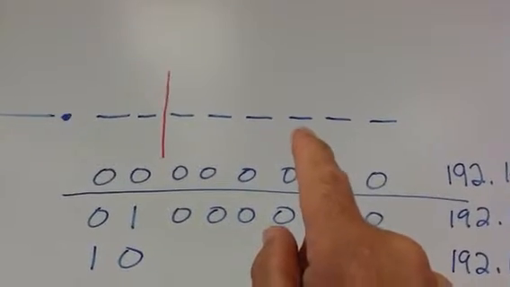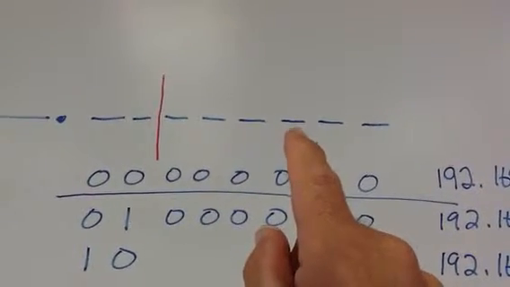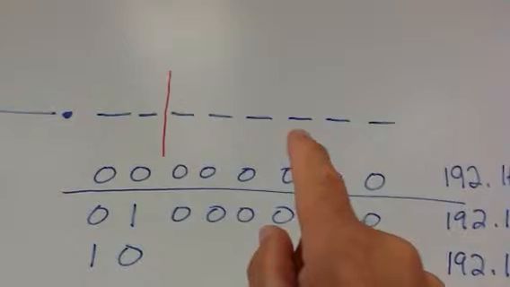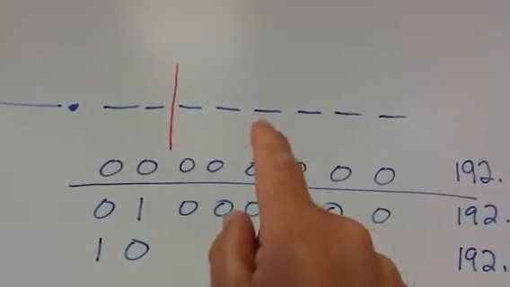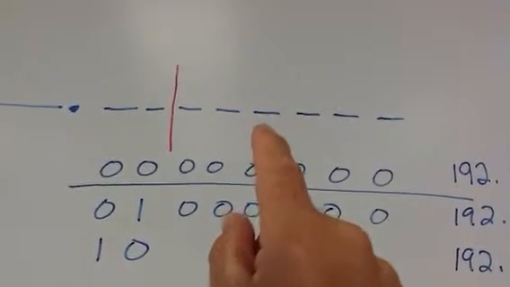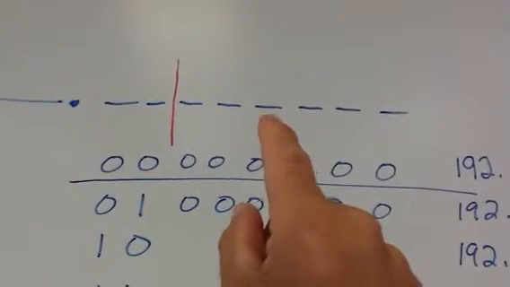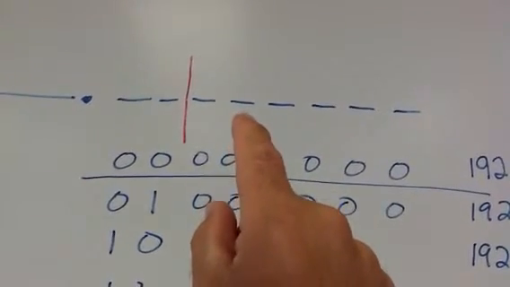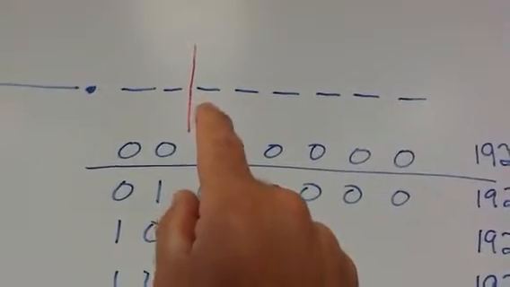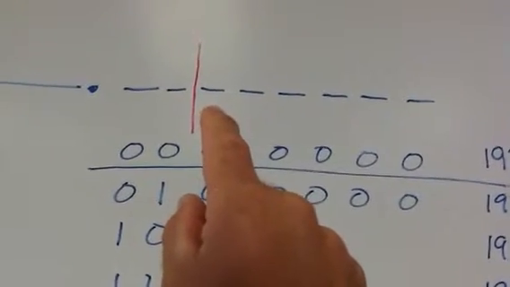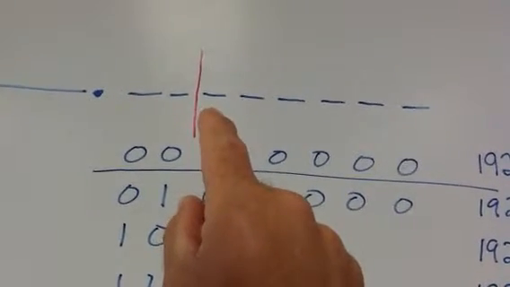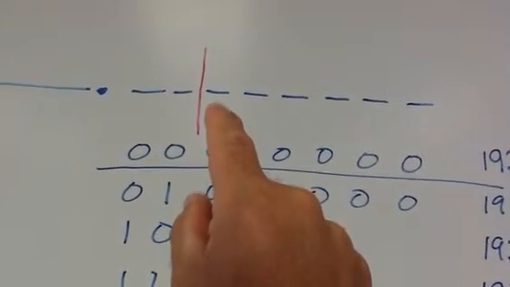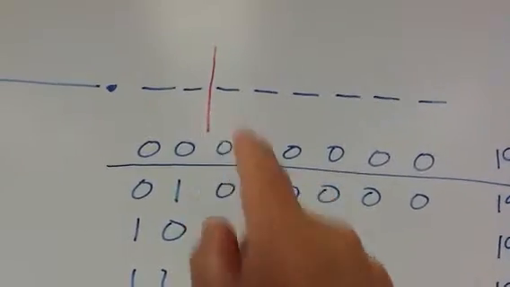This will give us 6 plus the broadcast and the network, 8 total. This will give us actually 14 usable addresses. This will give us 30, and this one will give us 62. There's 64 combinations, and then we can't use the network address or the broadcast.